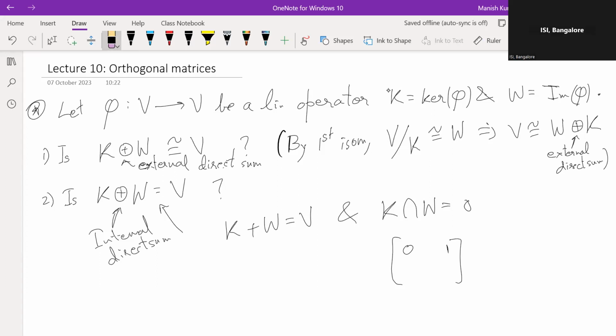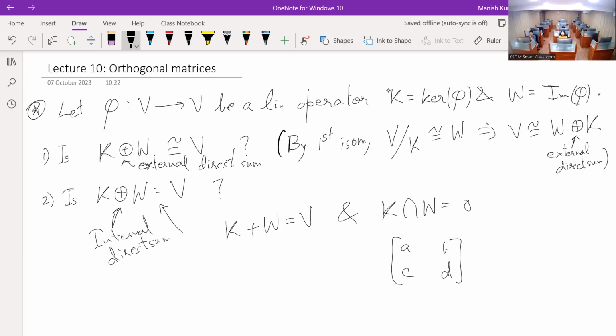Let's try something like A, B, C, D. Then you have to look at its image, and the image and kernel shouldn't become linearly independent. So maybe one has to go one step higher.